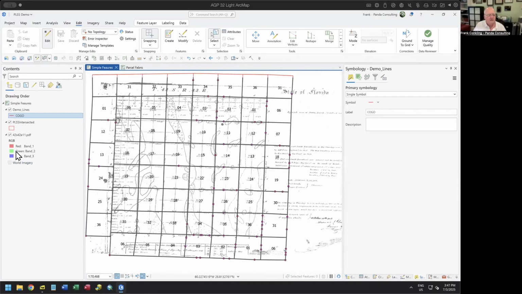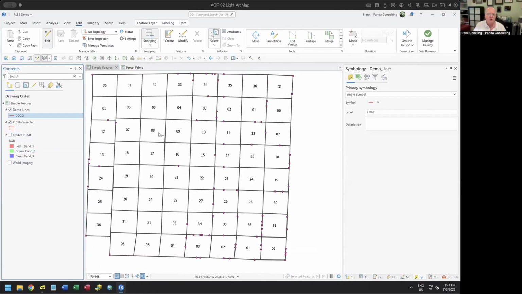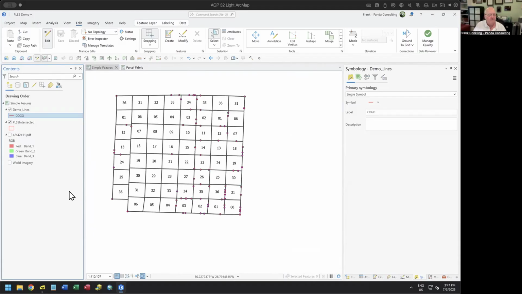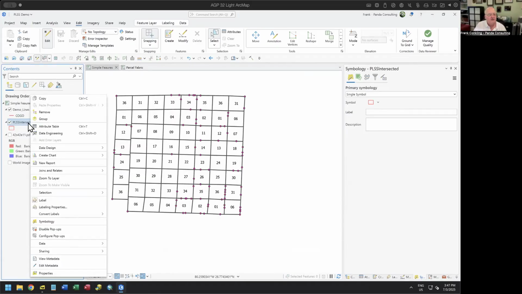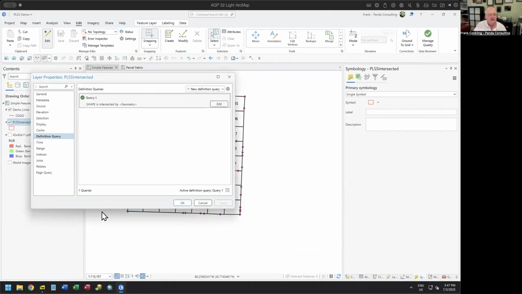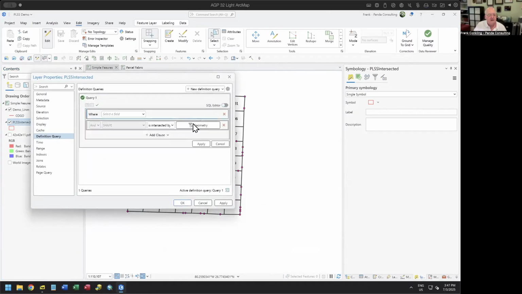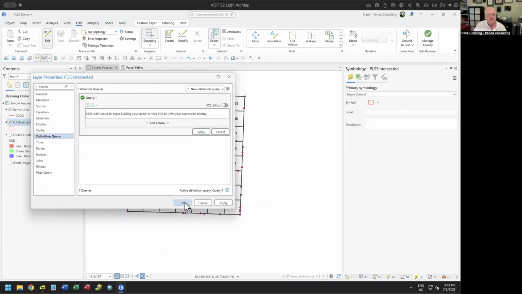By the way, while I'm here, let me show you another one of my really favorite things about ArcGIS Pro 3.5: they have the ability to set a definition query against a layer. I'm going to remove this definition query and show you what this is.